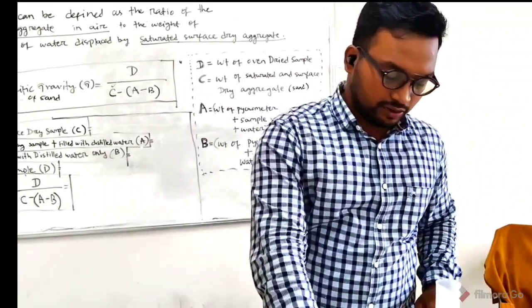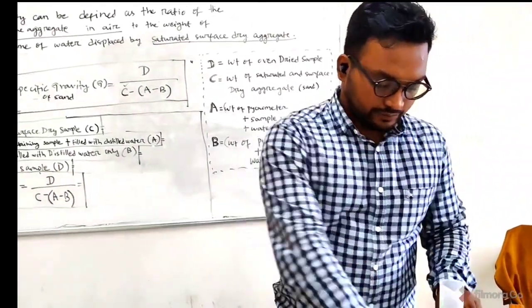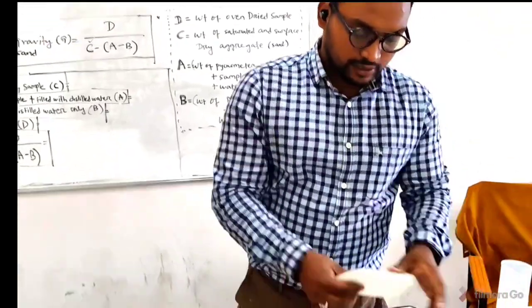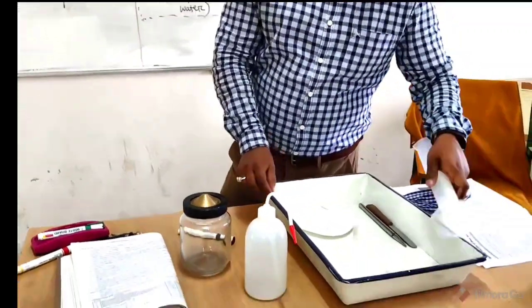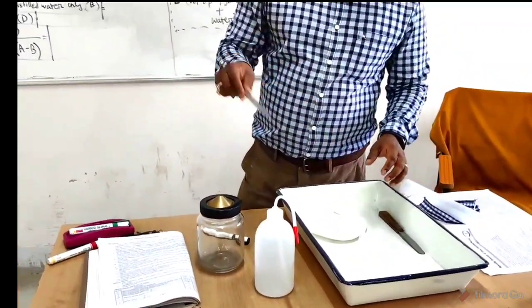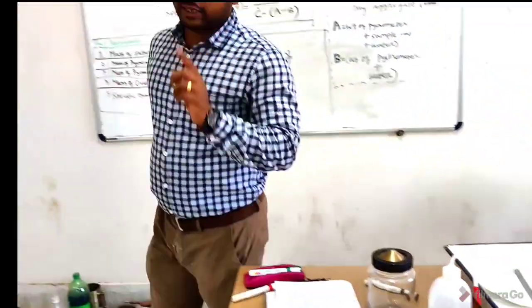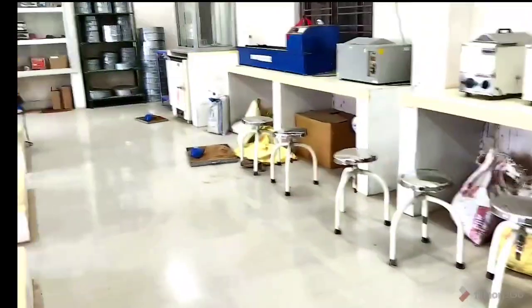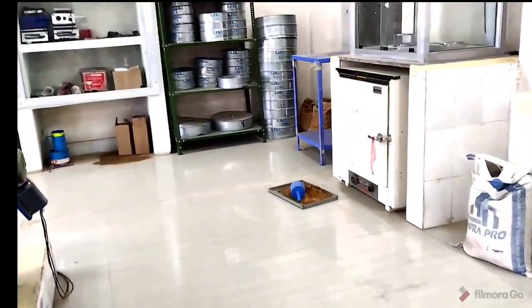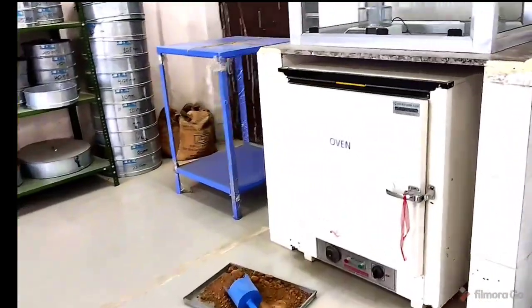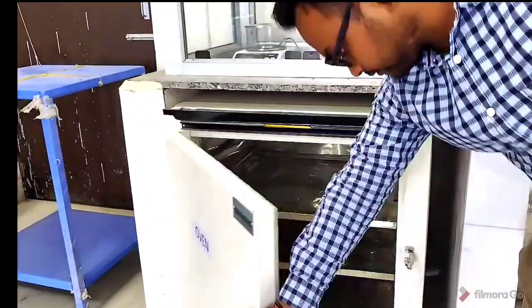You take distilled water, funnel, measuring flask, filter paper, another tray, a stirrer, and another thing is oven for drying of the soil or sand. You will need an oven. Here it is, an oven. Okay.